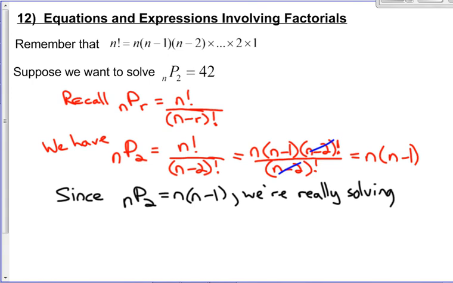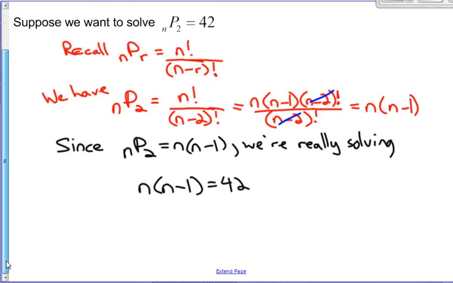It says nP2 equals 42, so that means n times n minus 1 equals 42. And that looks a lot like a quadratic because it's a quadratic. So n squared minus n equals 42, or n squared minus n minus 42 equals 0.